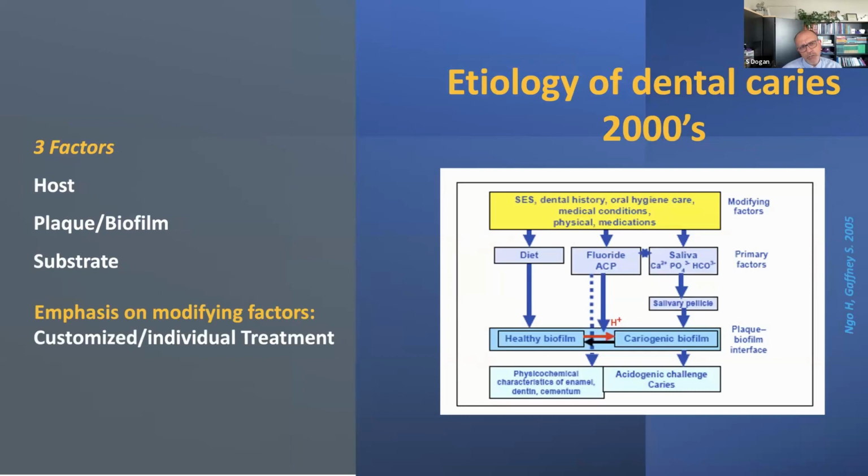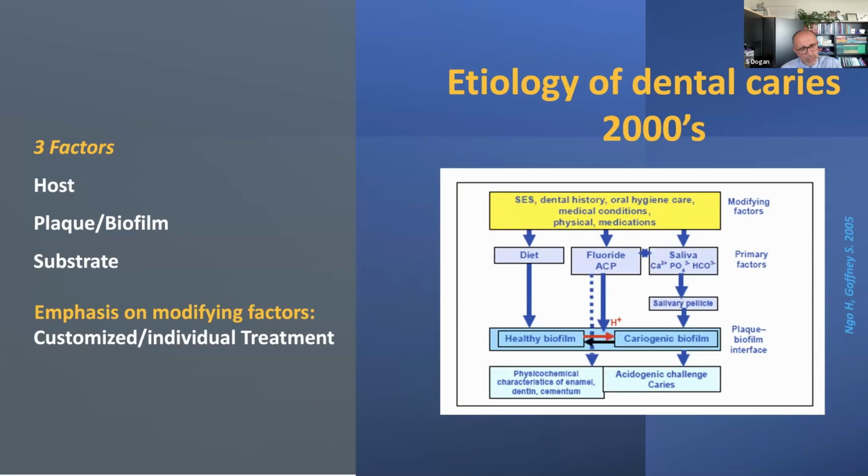Now, these three factors are there. We know that we need the tooth, we need the bacteria, we need the short chain carbohydrates. But when we look at comparable populations or people in the same family, we have the same factors, but different caries history.